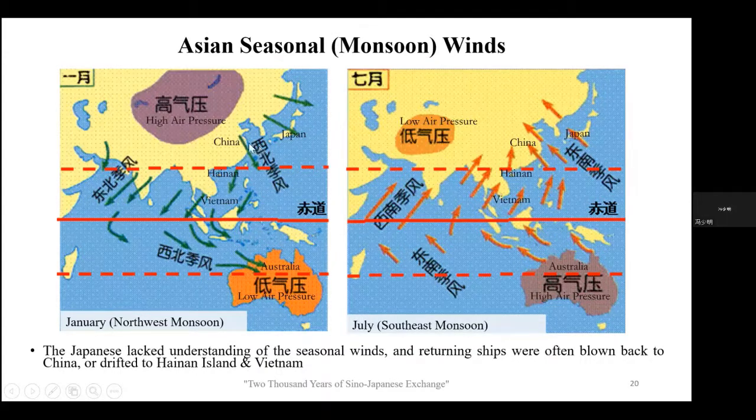And in this case, if the ship tries to go towards Japan, it will be blown southwards. Okay, but in July, during the southeast monsoon, the winds turn the other direction, and now if you try to go to Japan, it's difficult to go against the wind, so the travel is difficult. Okay.